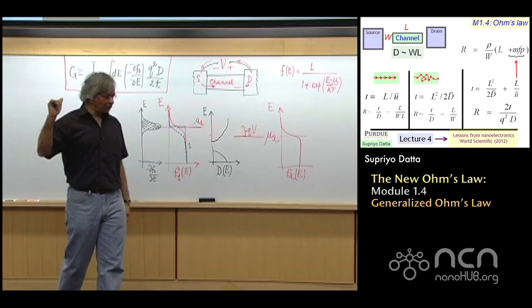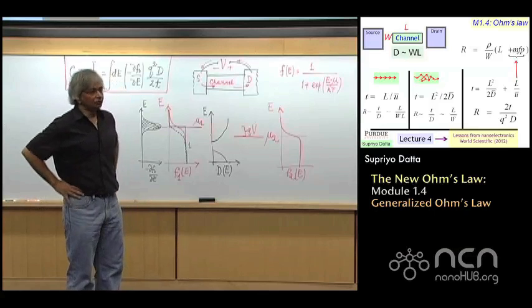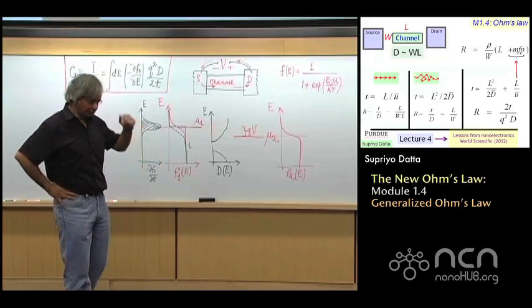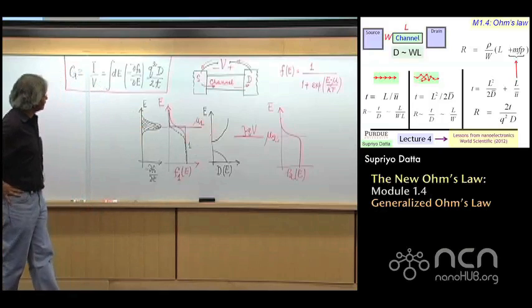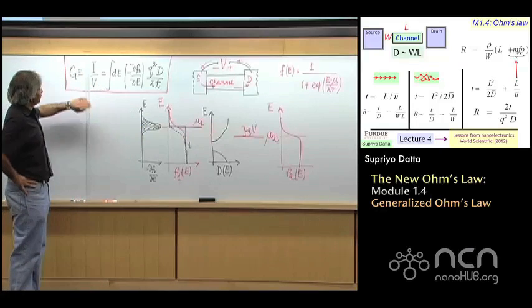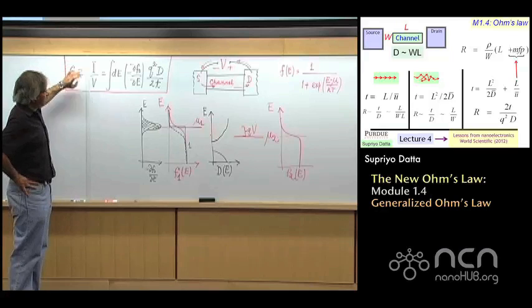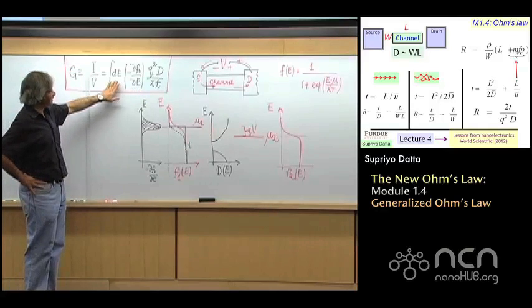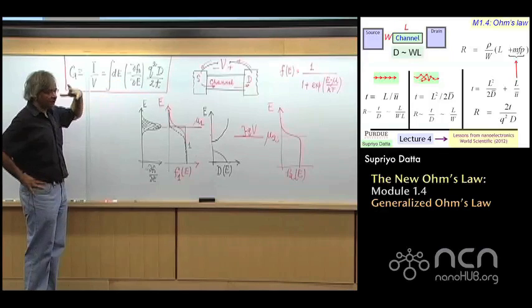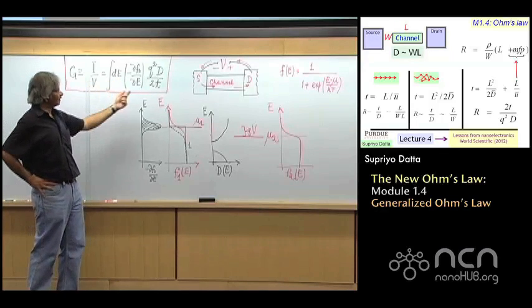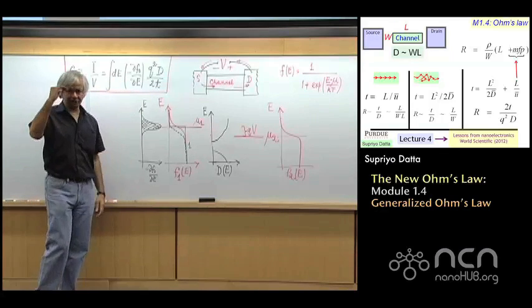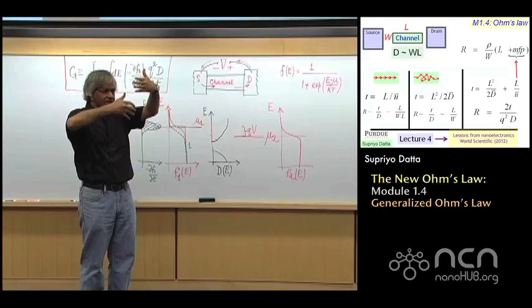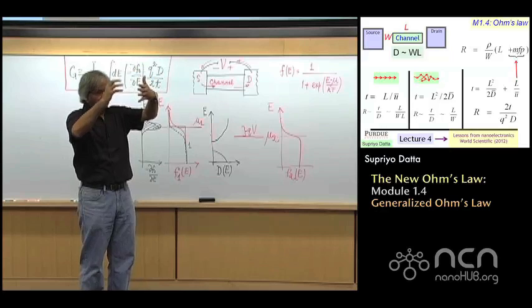Welcome back to week 1, and this is module 4. What we did in the last module is we obtained an expression for the conductance, and that's this expression you see here. And as I said, physically the way you think about it is that you have all these energy levels available for electrons to flow.